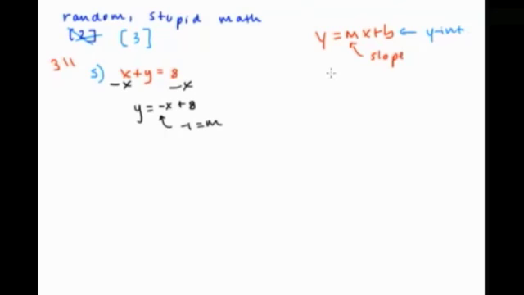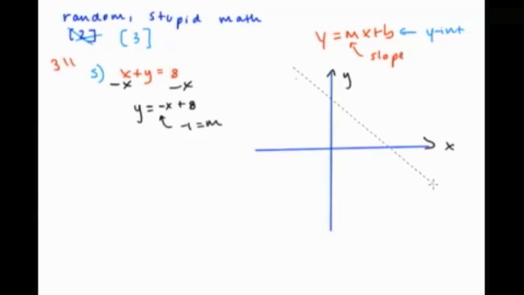So let me ask you a question. If I draw two lines here, and I call this y and I call this x, and if something has a slope of -1, so let's say that this is the graph that we're dealing with here, which is y equals -x plus 8, what would be the line that's perpendicular to this?